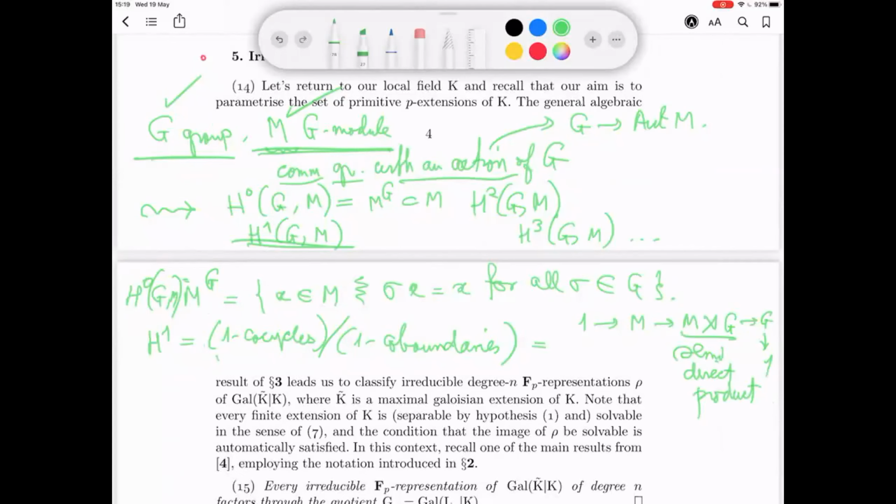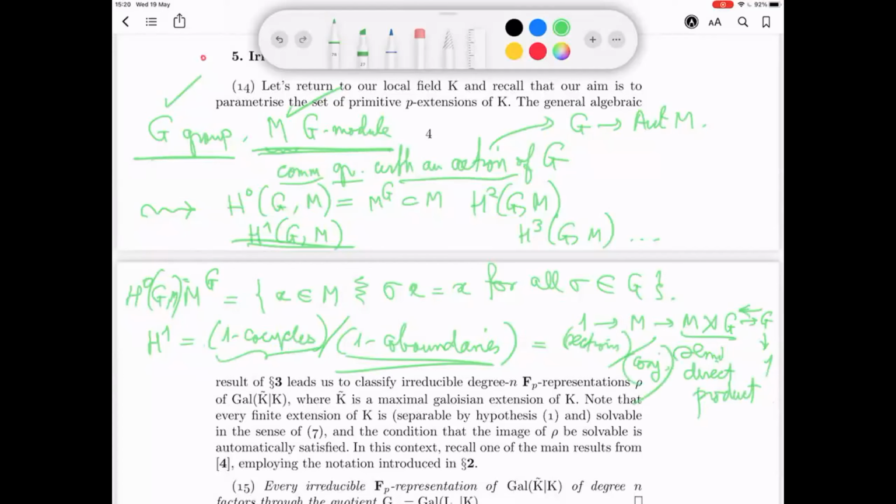So basically these 1 cocycles, you can think of them as sections of the semi-direct product. And these 1 coboundaries, they are really the same as conjugation.